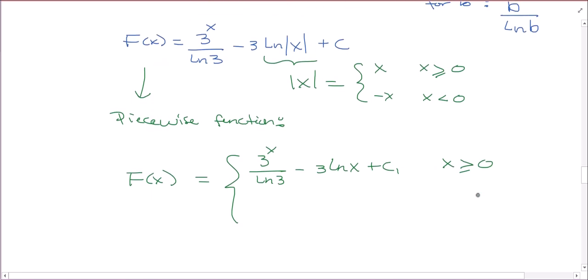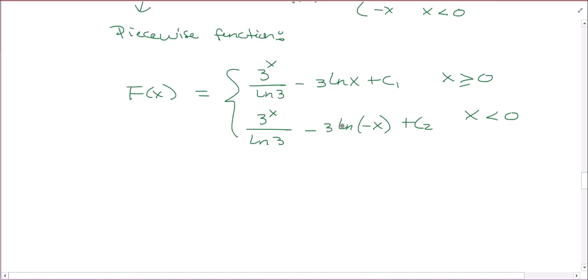Using our definition of the absolute value of x, the absolute value of x is x when x is greater than or equal to 0, so ln of absolute value of x will just be ln of x. And then 3 to the x over natural log of 3 minus 3 natural log of negative x, plus c2, when x is less than 0.